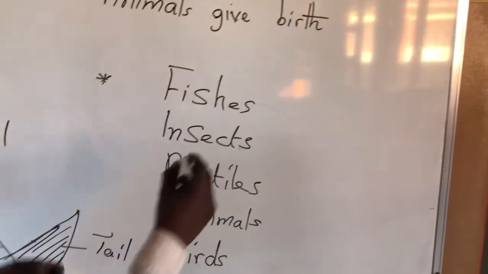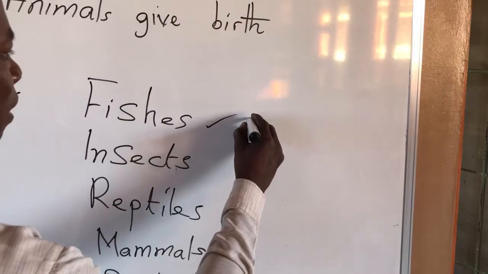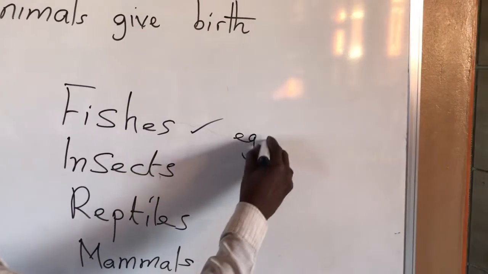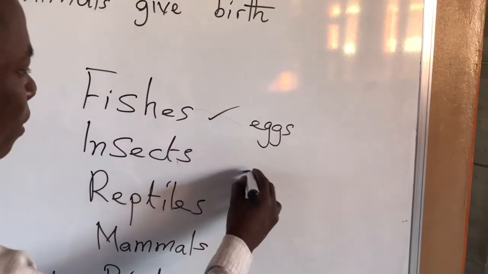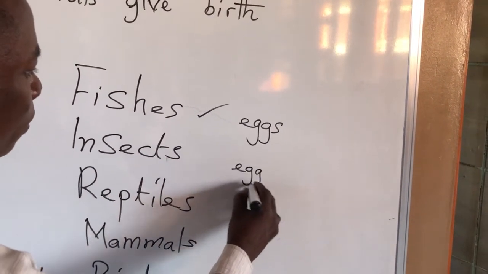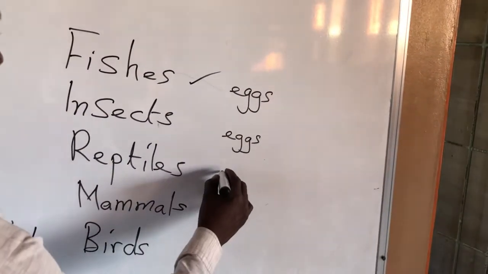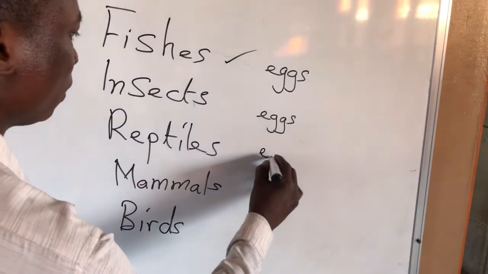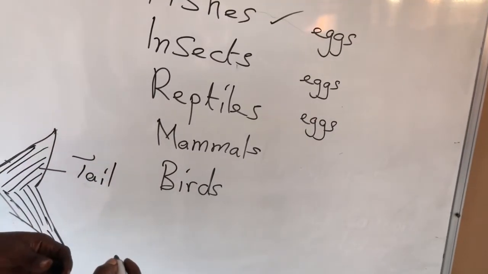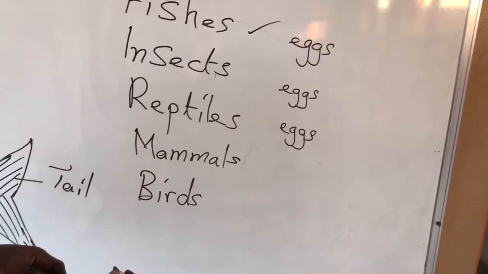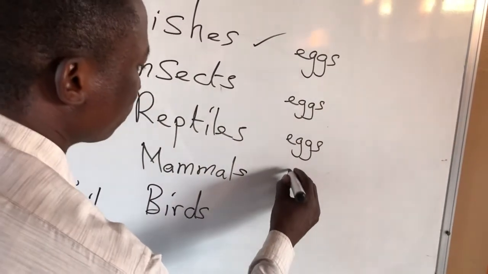Now, when you take birds, for instance, they lay eggs. Insects lay eggs. Reptiles, like snake, crocodile, they also lay eggs. Mammals, like human being, goats, cat, they give birth.